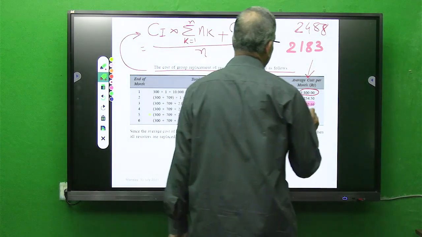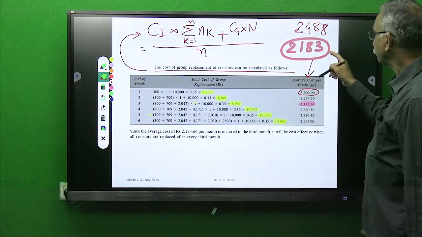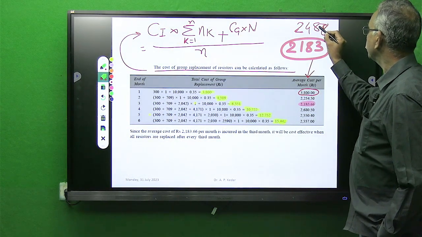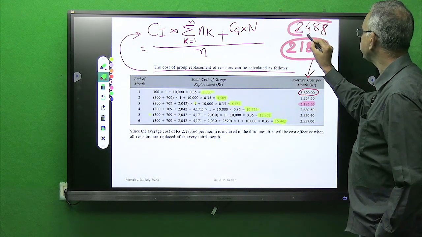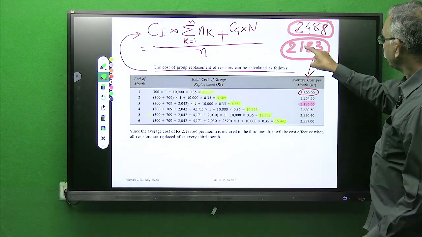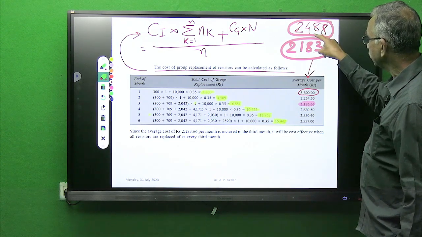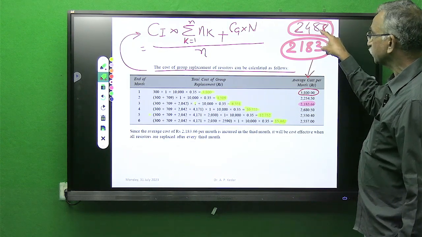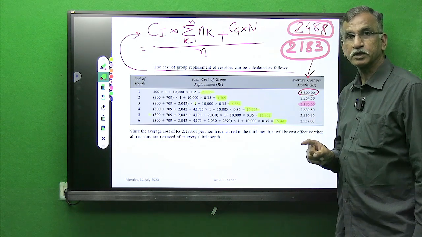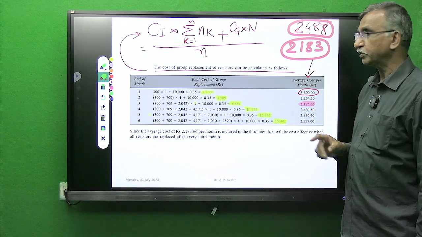Now students, this is the average cost of group replacement per month. This is the average cost of individual replacement per month. Compare the two costs. The average cost of group replacement per month is less than the average cost of individual replacement per month, and therefore our conclusion is that we will adopt the group replacement policy.